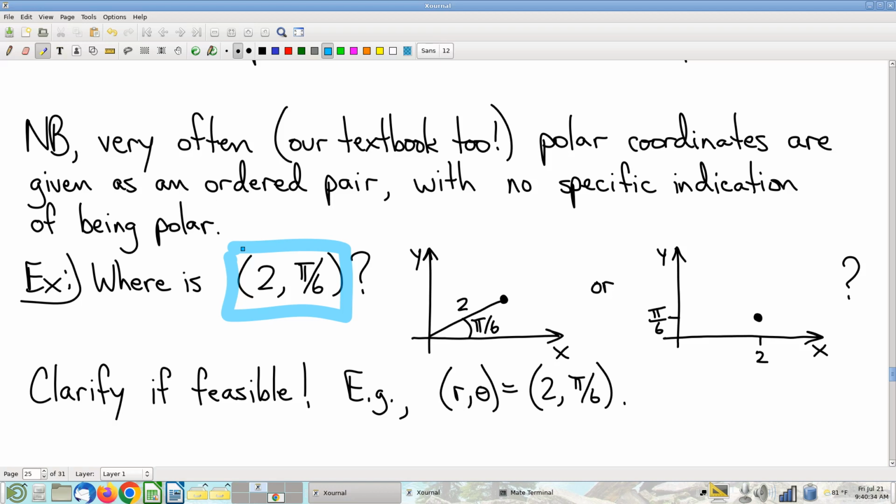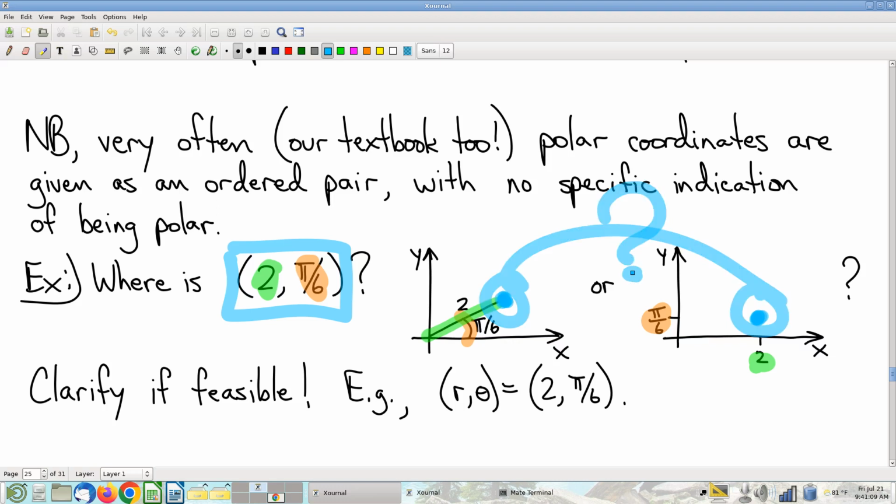It doesn't mean which coordinate system's coordinates these are. So maybe this is a reference to x being 2 and y being pi over 6. Maybe we're talking about that point right there, but it need not be, because this pi over 6 could be the theta, and the green 2 could be the r, which means maybe we're talking about that point. And these 2 points are not the same locations.